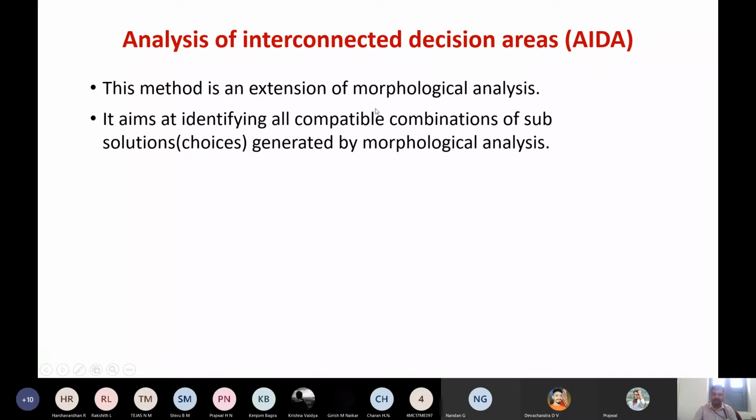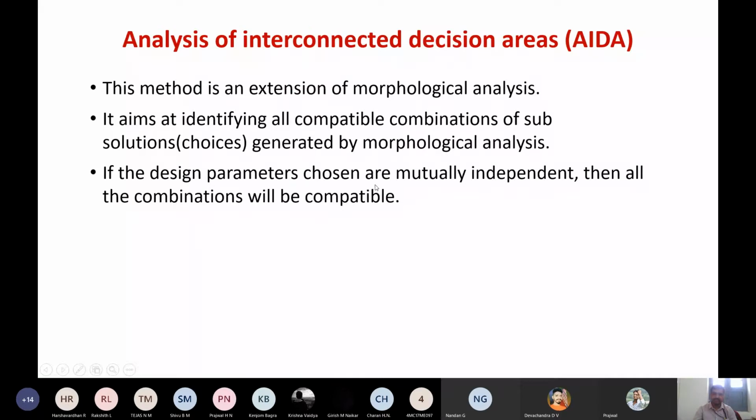That means you use this AIDA, analysis of interconnected decision areas, to find which are the compatible combinations and which are the incompatible combinations. Compatible means feasible combinations. This is used at an early stage for eliminating incompatible or not workable combinations.